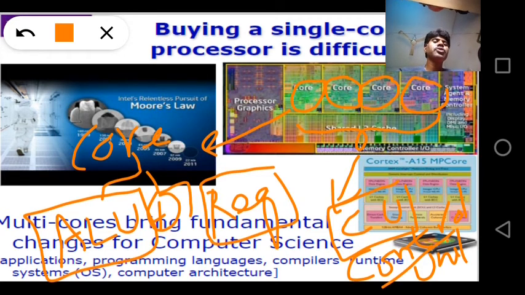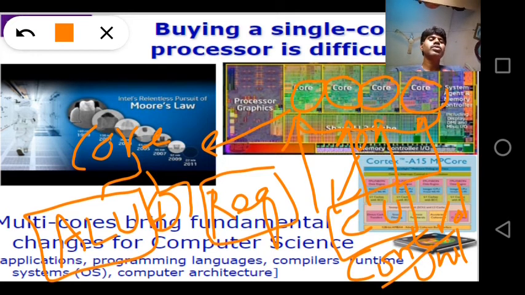So the single control unit controls these cores, just by sending some control signals.